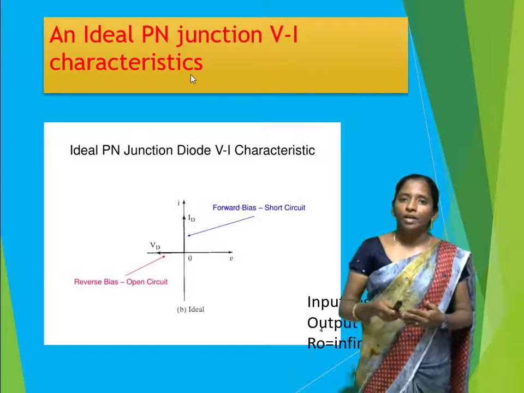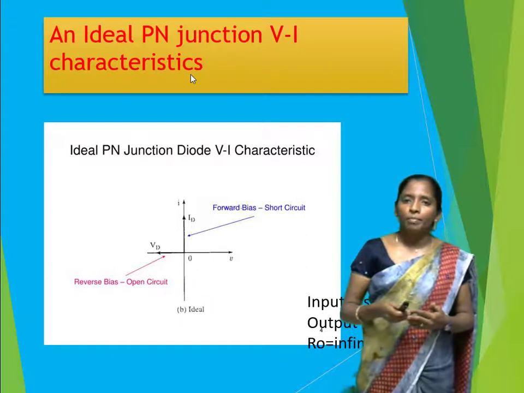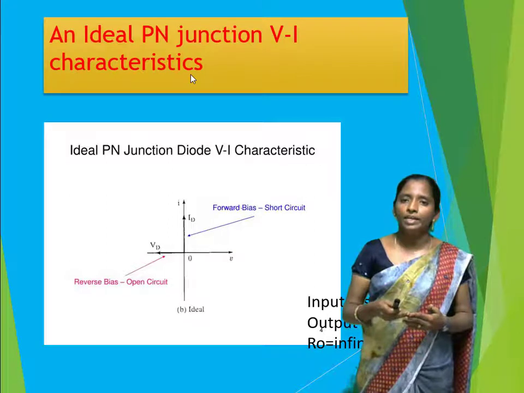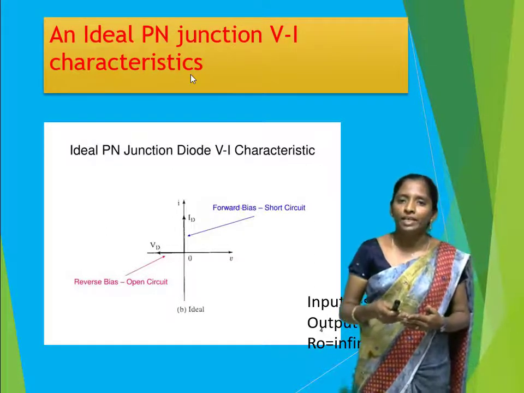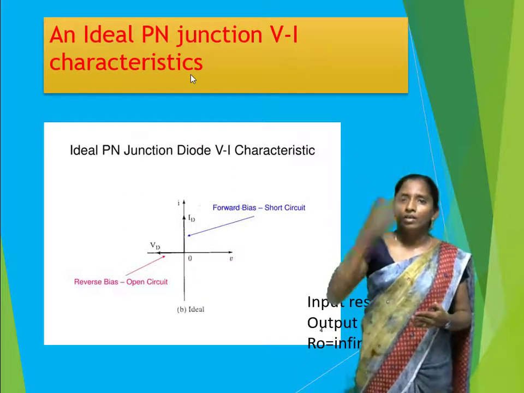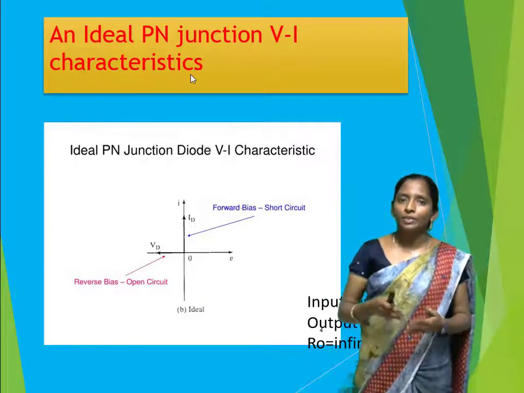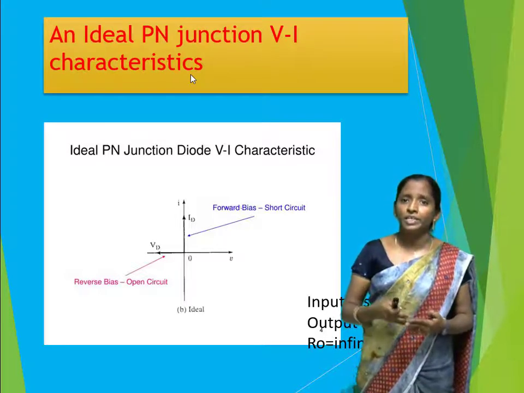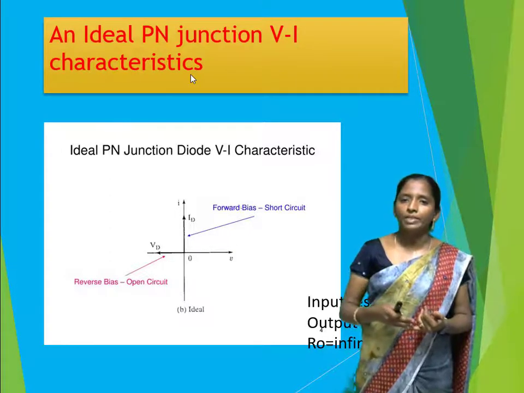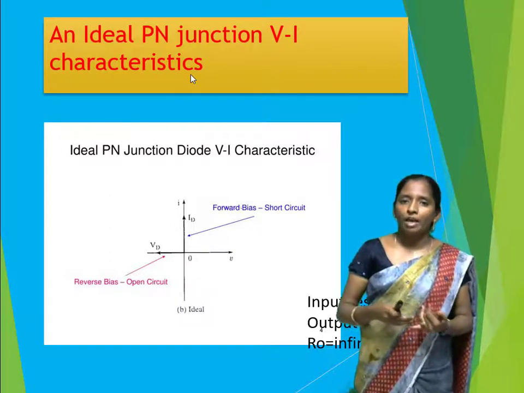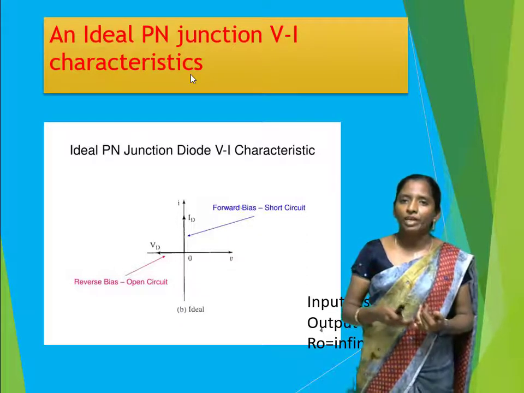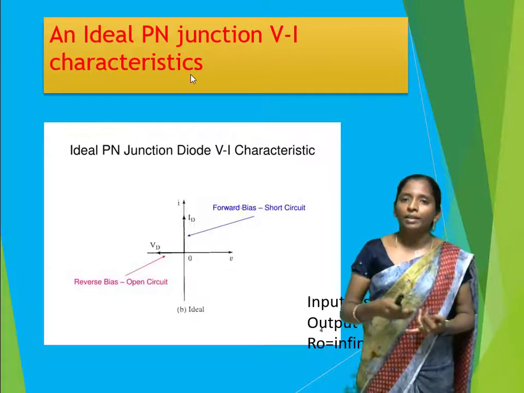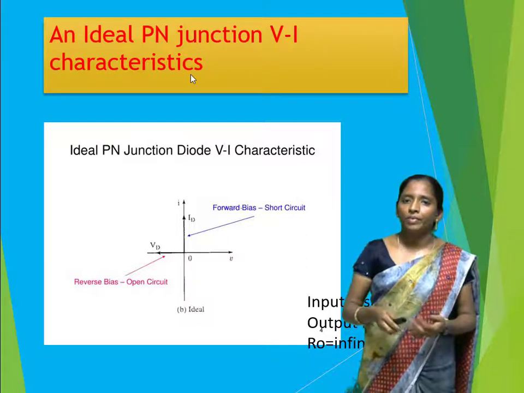At that time, negative immobile ions are formed on the P side and positive immobile ions are formed on the N side. The area where the immobile ions are present is known as the depletion region. The depletion region width depends on the applied reverse bias voltage. If the reverse voltage increases, the depletion layer width increases.